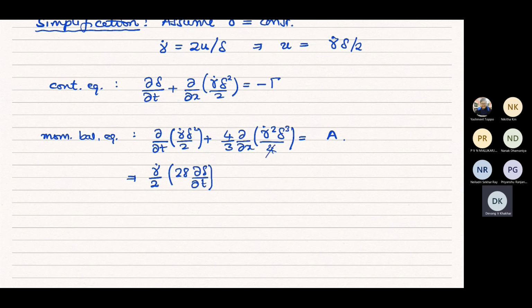Now here 4 and 4 cancel out, and again gamma dot comes out, so this will be plus gamma dot squared by 3, and then when I take the derivative I will get 3 delta squared into del delta by del x is equal to A.